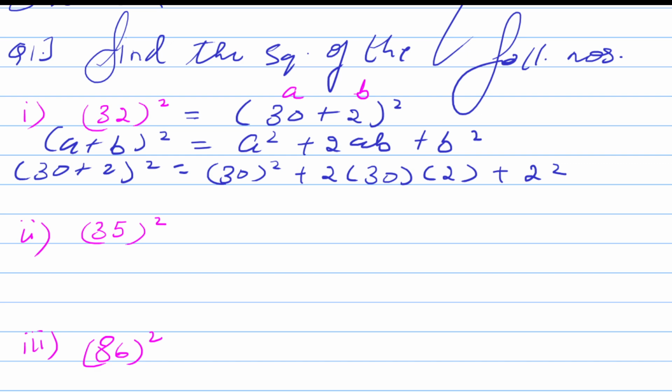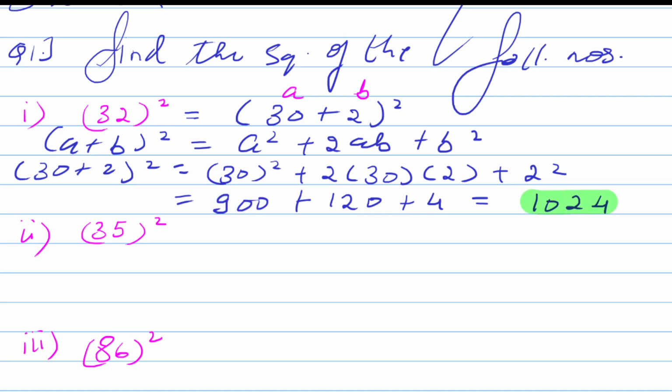And what do we know about 30 square? 3 square is 9, so that is 900, plus 4 into 30 is 120, plus 4. That gives you 900 plus 120 plus 4, which is 1024, and that is your final answer. Very easy, not very difficult. You can use this trick for any number.